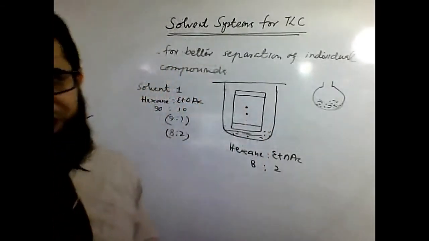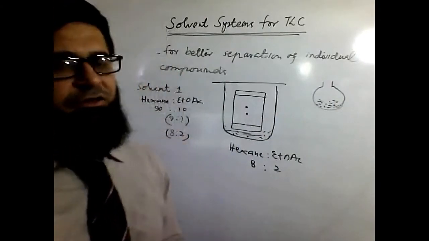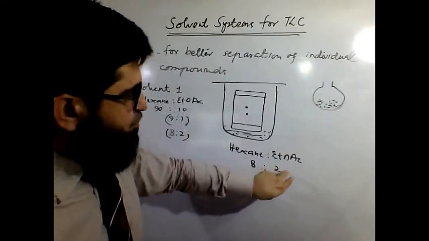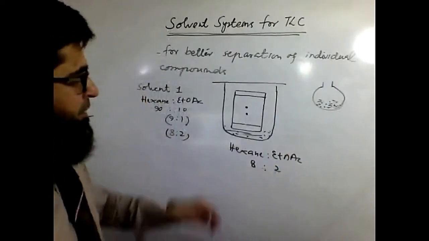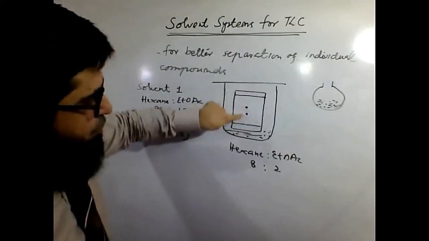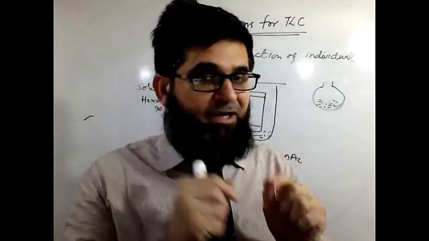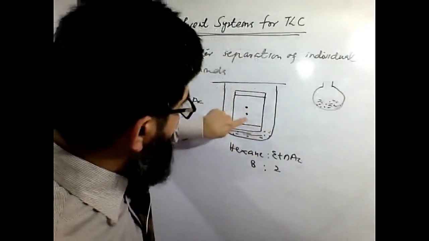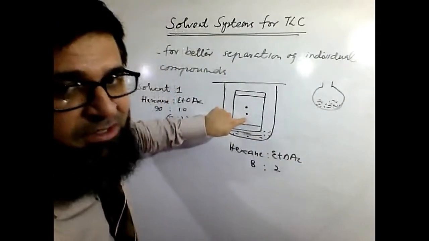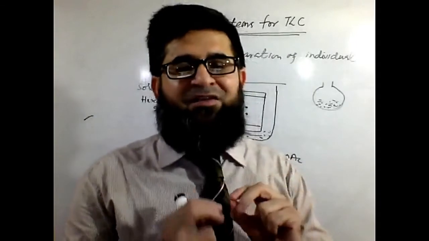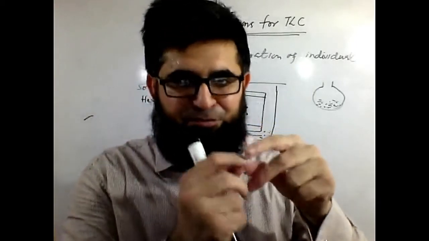We will see that due to the change in the polarity of the solvent, due to the introduction of a more polar solvent, out of these two, we have an idea both were polar in the beginning, because in the very first plate the spots were closer to the base. Merging closer to the base means both are polar, but with slightly different polarities from each other.